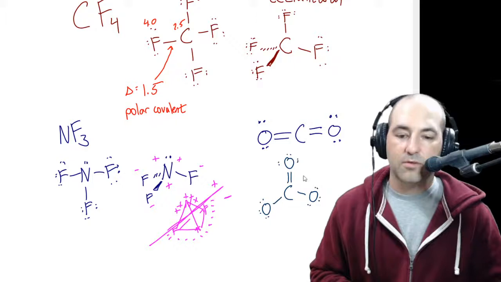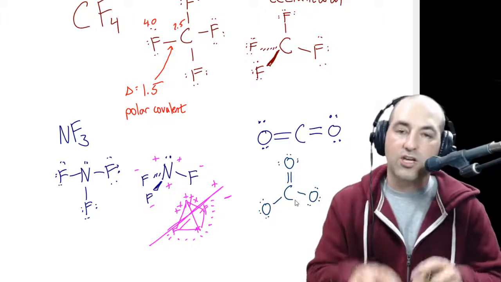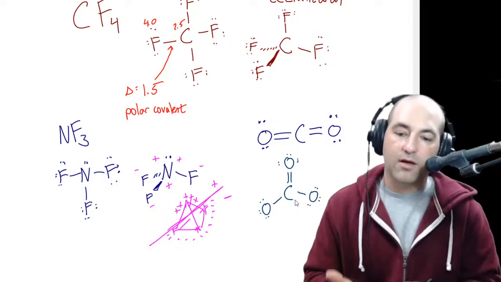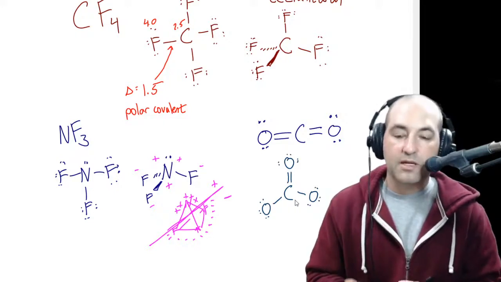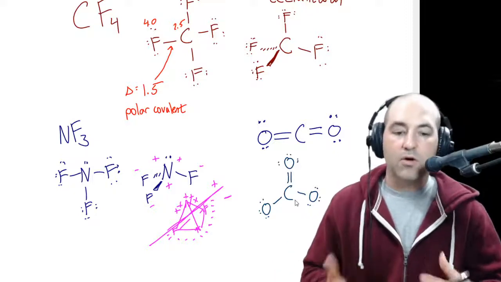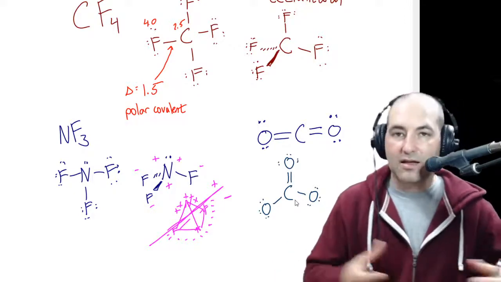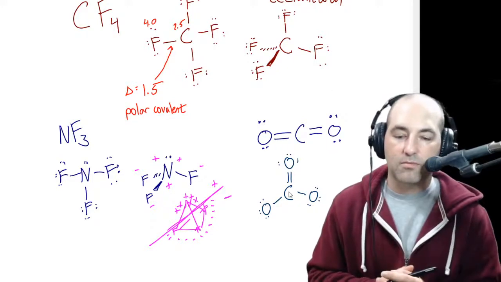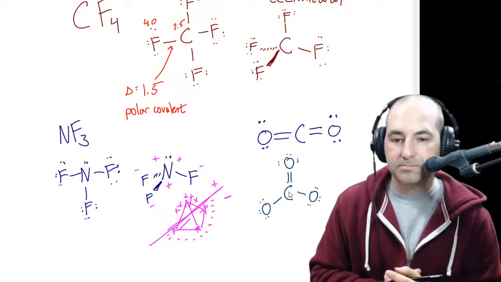And so this one ends up also being nonpolar. So whenever you have a central atom and everything around it is the same kind of atom, that tends to be nonpolar. It's only when it's lopsided in some way, and the more electronegative atoms end up on one side rather than the other, that you have a structure that ends up being polar.